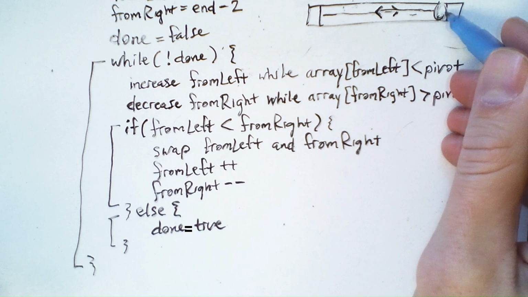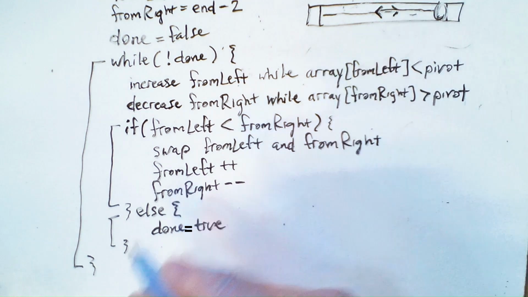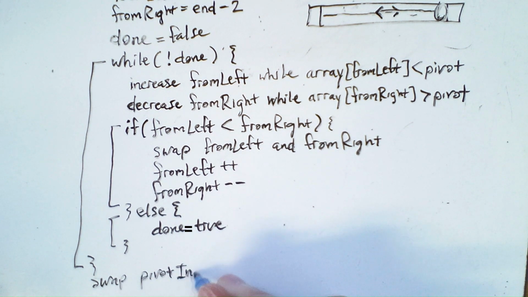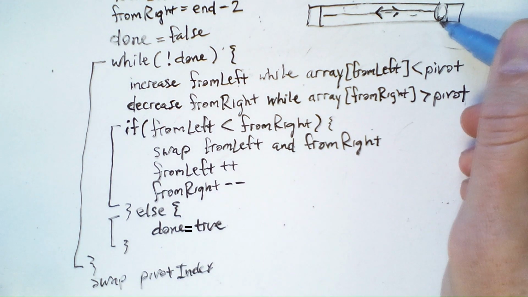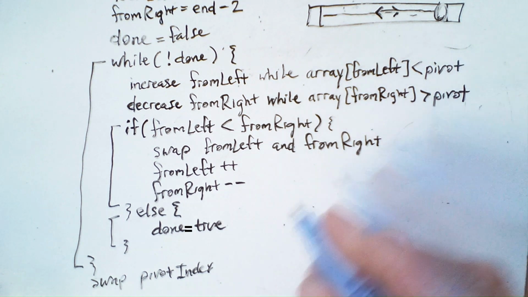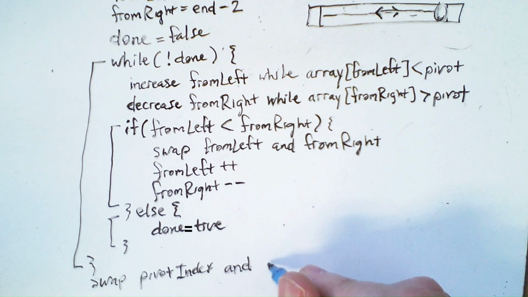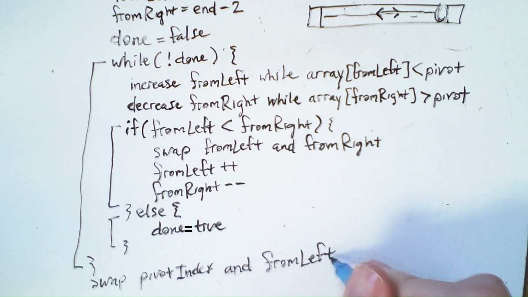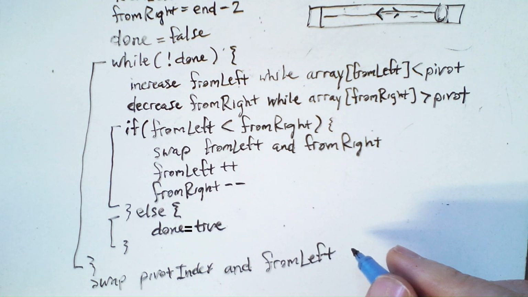So to get this back in place, we actually swap the pivot index, which is over here. It's just end minus 1. And we swap it with the index from the left. So that will end up putting it in the right spot.